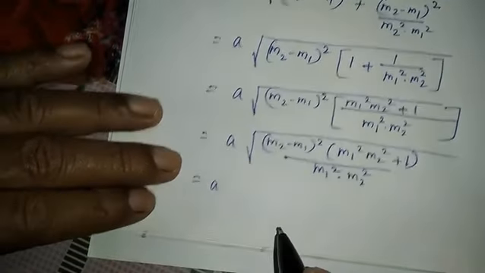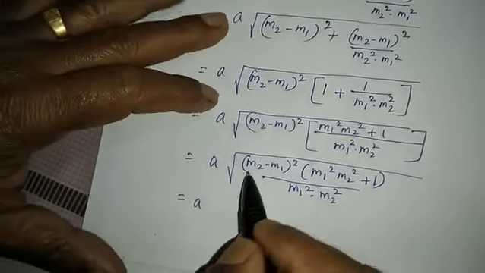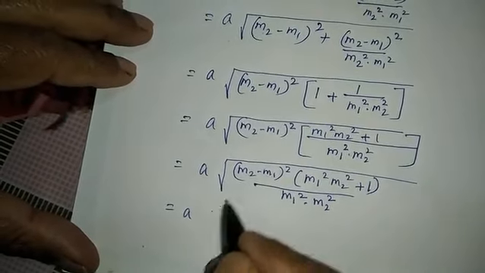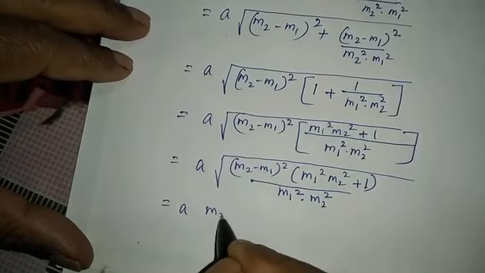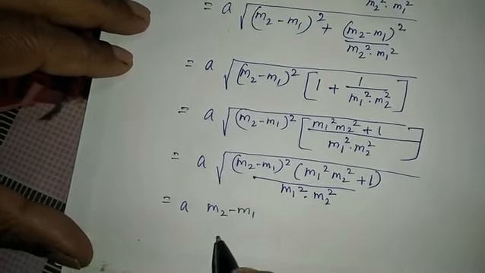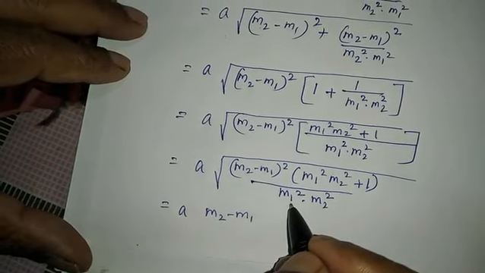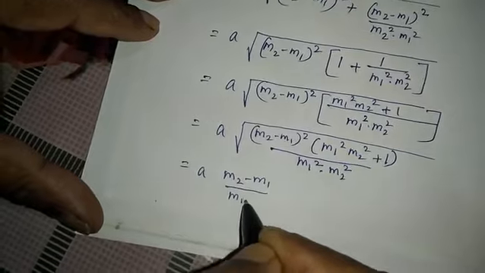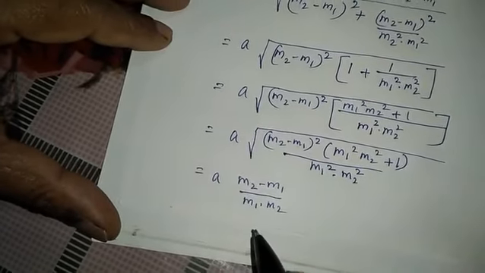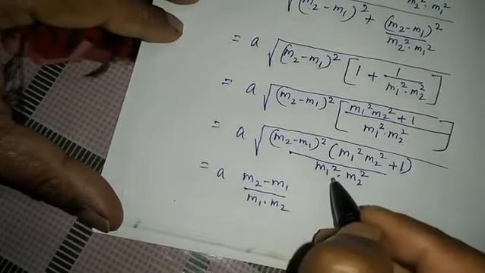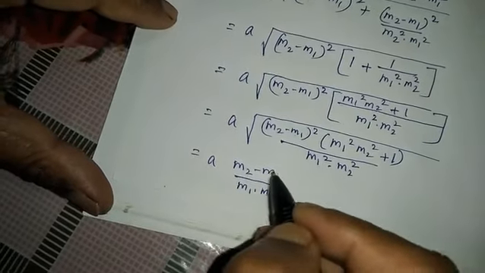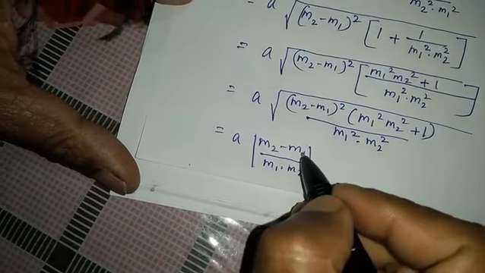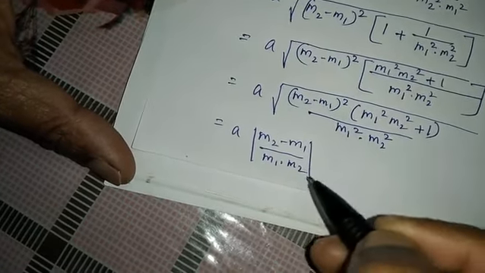Now we can take the square root. Square root of (m2 minus m1) square is m2 minus m1, and in the denominator we have m1 square m2 square, its square root comes m1 m2, but when you take the square root it should be plus or minus, so we could write that as the absolute value of (m2 minus m1) by m1 m2.